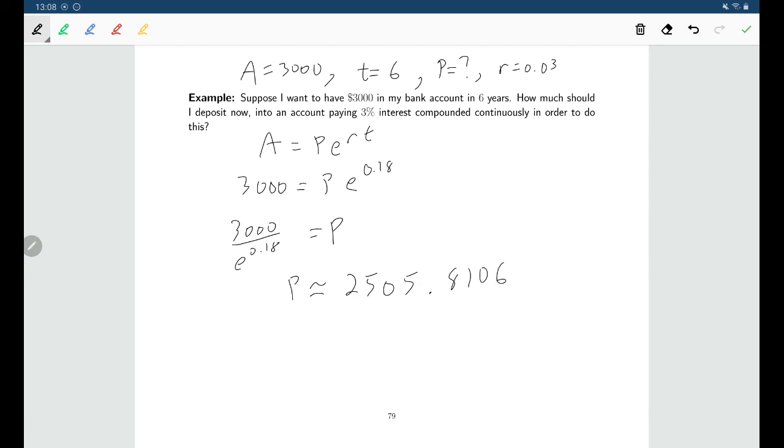So again, money, 2 decimal places, so I should deposit $2,505.81 now. And if you deposit that money now, then in 6 years, you'll have $3,000 in your bank account. Or in other words, you'll have made almost $495 in interest in those 6 years.